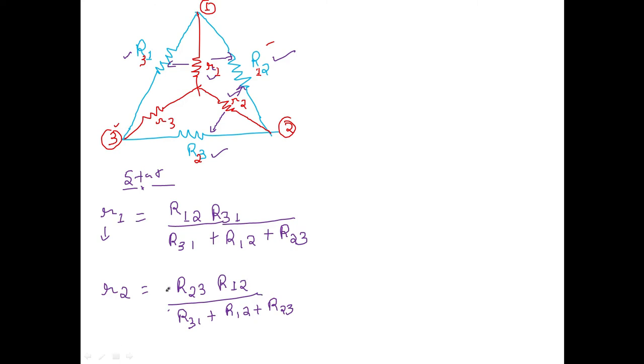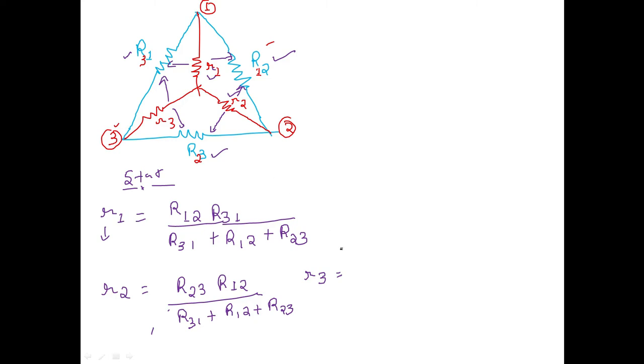In the similar manner, how will we find the resistance R3? In a similar way, we will look at the opposite side. This terminal's opposite sides are this one and this one.